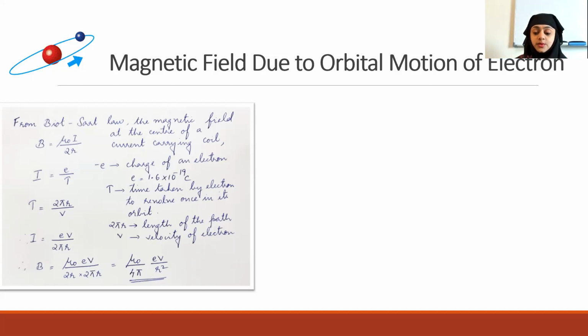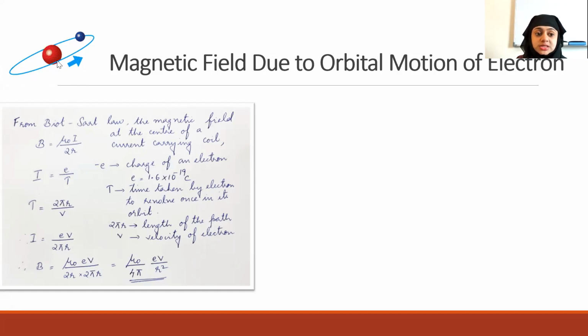Yes, teacher. Teacher, can you repeat from the second one? The second one means time. Yeah, this one. Time taken by the electron to make one complete revolution. Time is equal to distance divided by velocity.